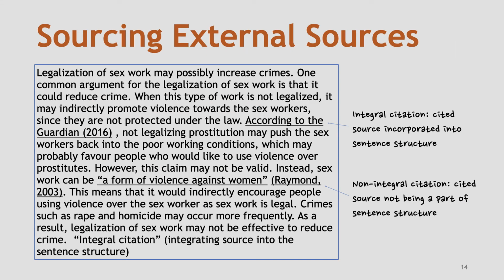Okay, with the tutorial in week 7, I'm sure you are familiar with citation methods, including integral citations, the cited sources that are incorporated into the sentence structure, or non-integral citations. That means you simply put the citations inside the brackets at the end of the sentence. Okay, that means the cited source is not a part of the sentence structure.